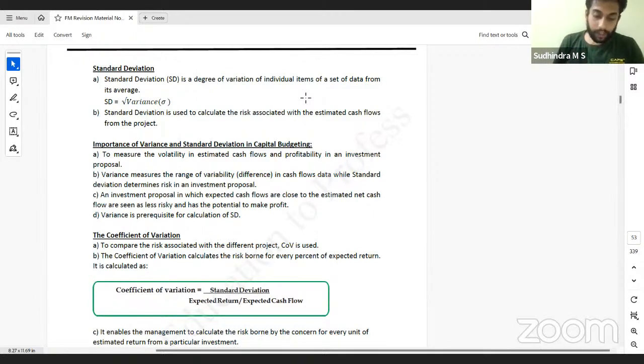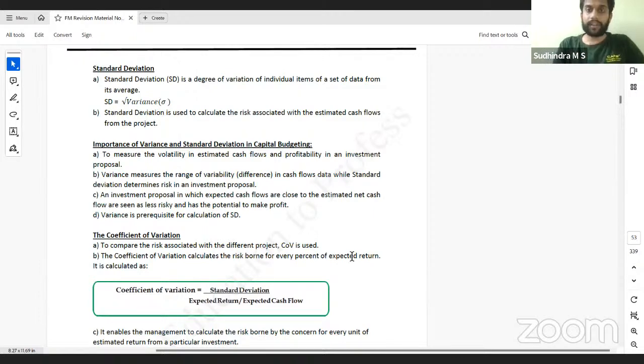So where do we use this coefficient of variation? For comparison, because coefficient of variation is a relative measure. It's in percentage, so comparison becomes possible. Coefficient of variation calculates the risk borne for every percent of expected return.